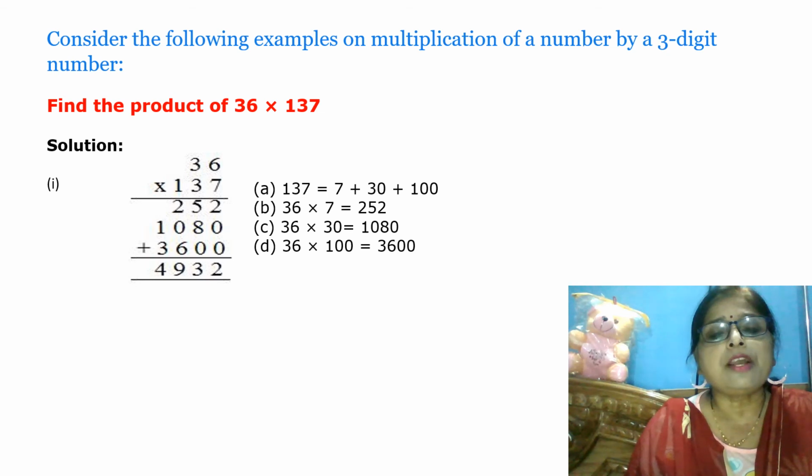Again 36 into 30, that is 1080. And then 36 into 100, that is 3600. After adding, we get the product 4932. In this way, we can solve the multiplication of a 3-digit number.